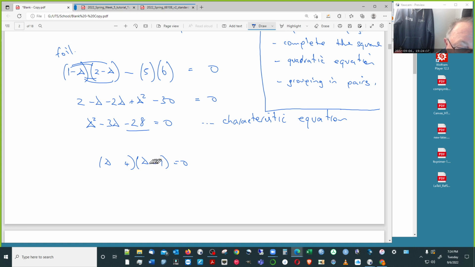A minus and a plus will give us that. Lambda times lambda is lambda squared. Sorry, I'm running around a bit, aren't I? So lambda squared, then we've got minus 7 lambda plus 4 lambda and minus 28. Now, grouping is 4 terms.